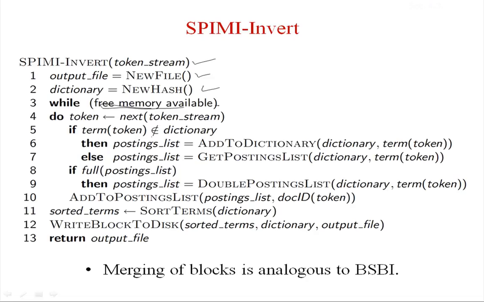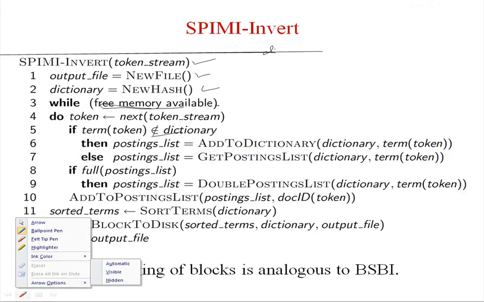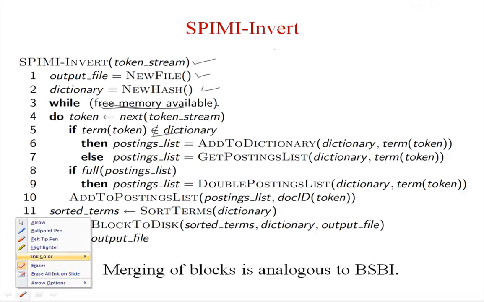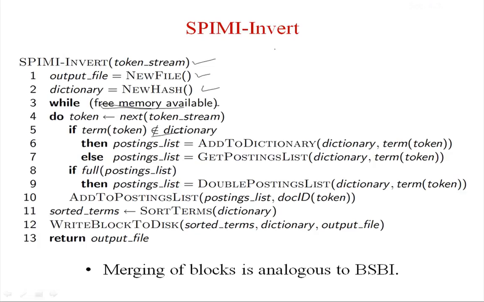If the token is not a member of the dictionary, then we create a posting list, for example, in the dictionary.